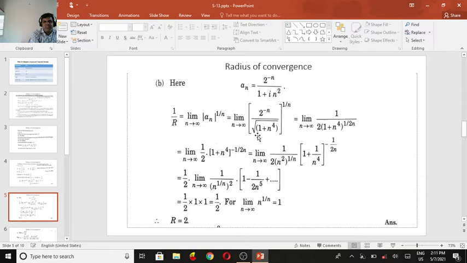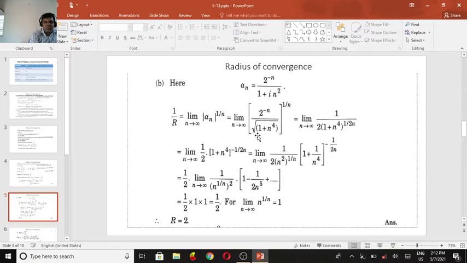So only the first two terms are enough. 1 by 2 into the limit as n tends to infinity of 1 divided by n to the power of 1 by n, whole squared, of 1 minus 1 by 2 n to the 5 plus etc. This term will be 1. So 1 by 2 into 1 into 1, so we get 1 by 2. For the limit as n tends to infinity, n to the power of 1 by n is 1.